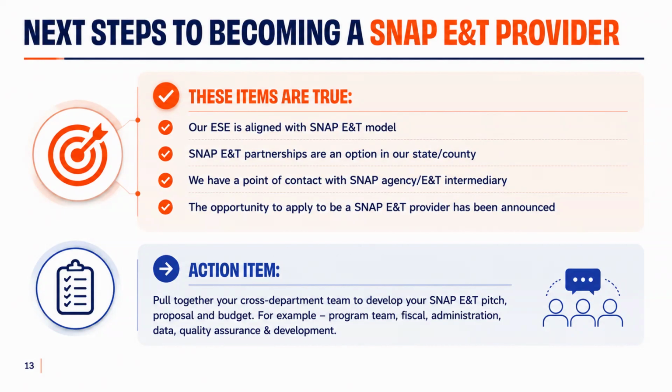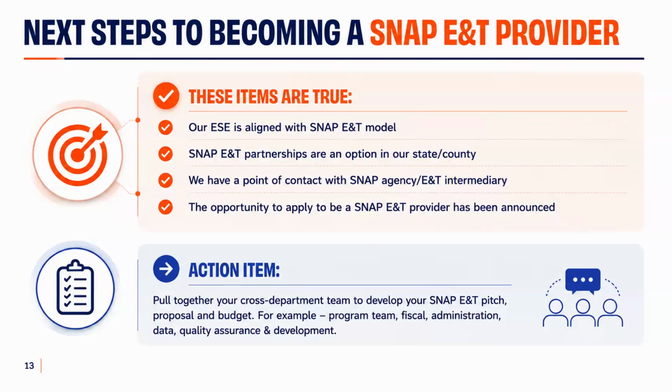When you're putting your proposal together, you'll need to carve out what is SNAP E&T related and what is not. That's critically important, especially on the fiscal side and the budgeting. So making sure you know where your program aligns with SNAP E&T is going to be a critical piece.